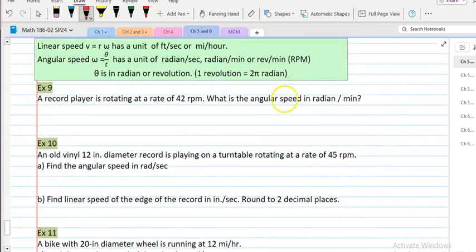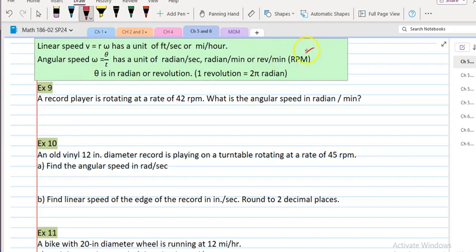So let's see. V, the unit is feet per second or mile per hour. Angular speed omega is radian per second, radian per minute, or revolution per minute, RPM. Theta is in radian or revolution, where one revolution is 2 pi. So revolution just means how many complete 2 pi per minute.